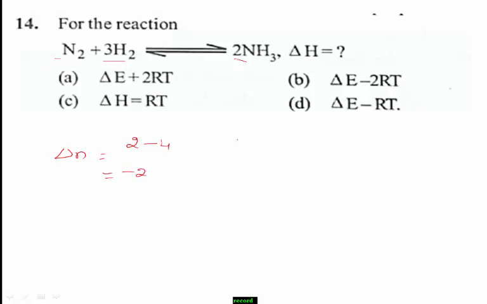Then delta H equals delta E minus 2RT, since the value of delta N is minus 2 here. It is the equation. Therefore, option B is the right answer.